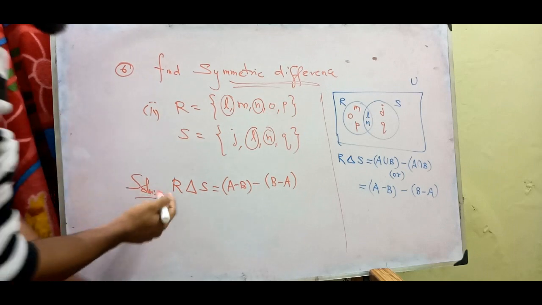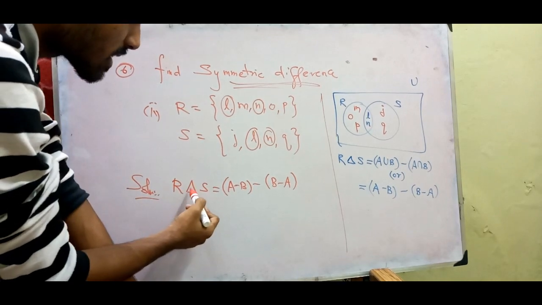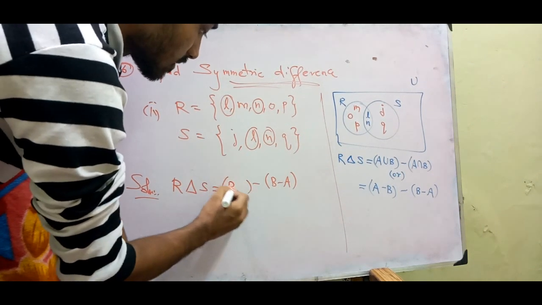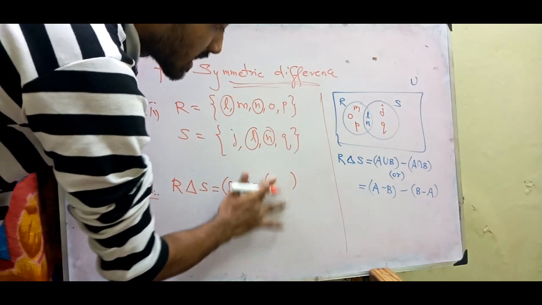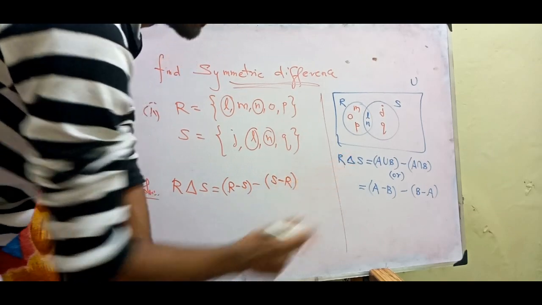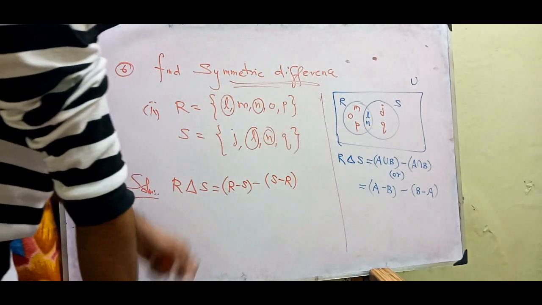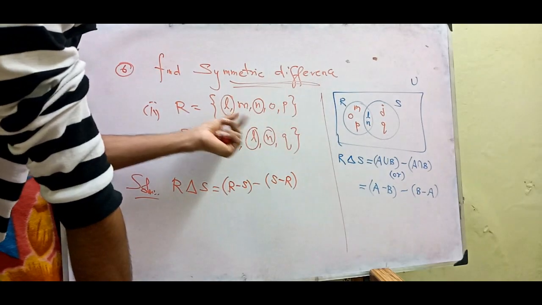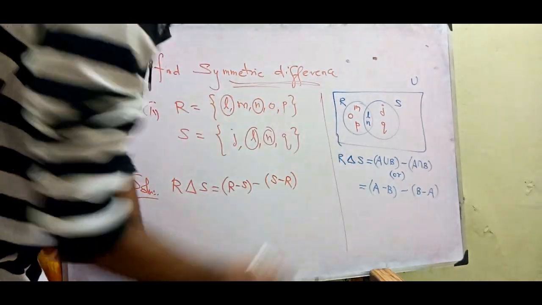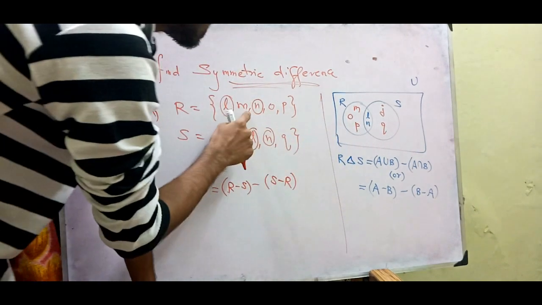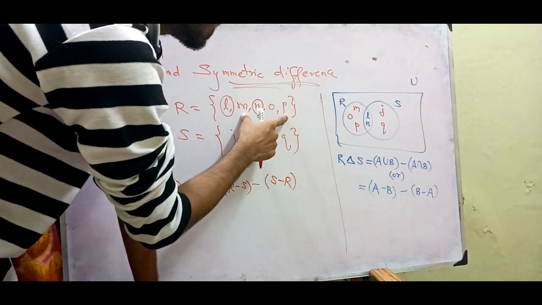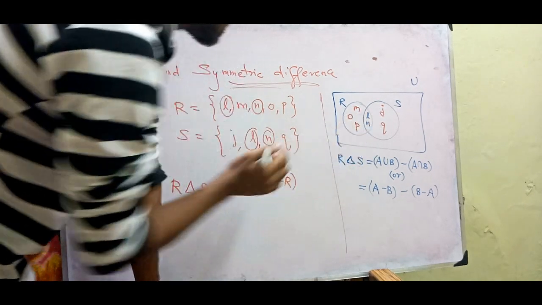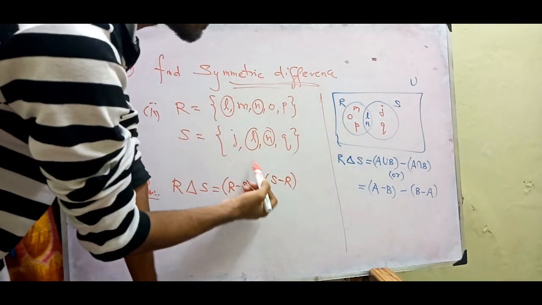Let us see the solution. The symmetric difference of R and S is nothing but R minus S and S minus R. I have shown this in the Venn diagram. Let us place the elements of R. Here is M, O, P, the disconnected part, and the connected part is L and N, which I have circled here.